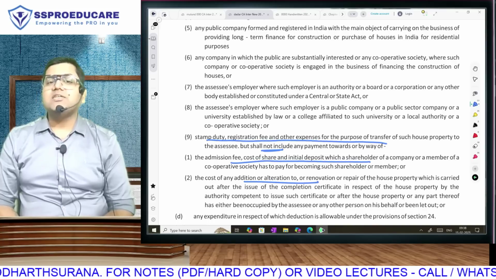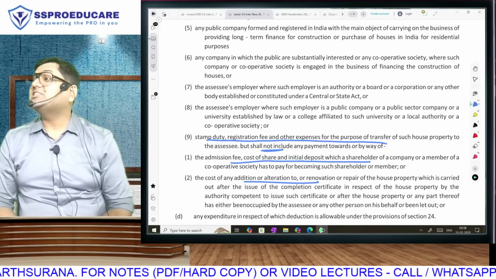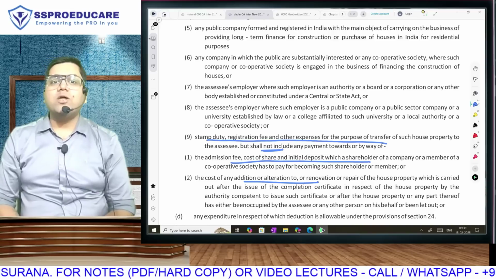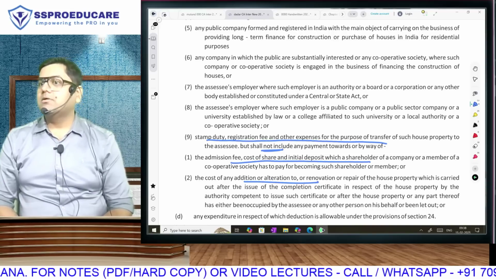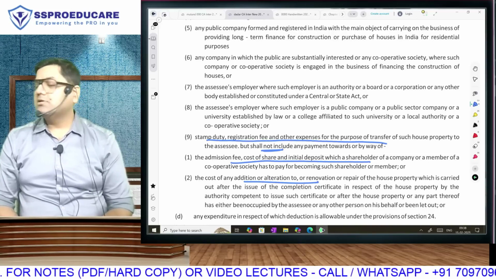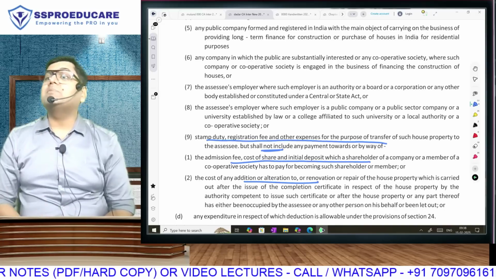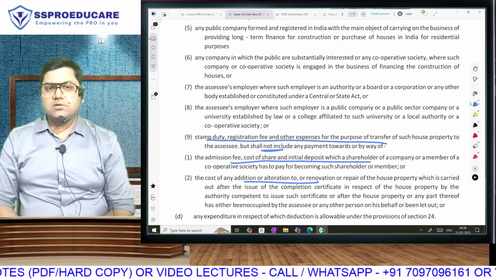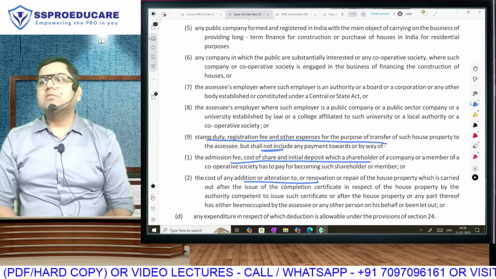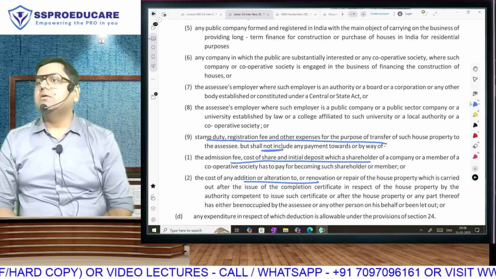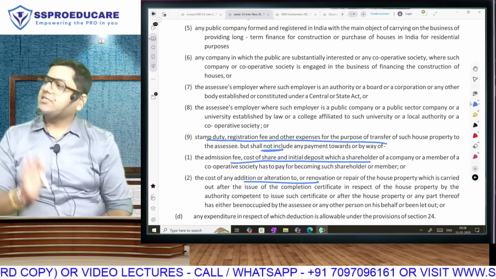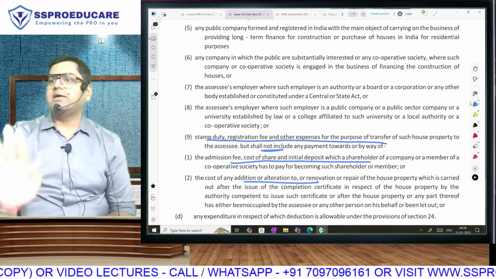The housing society charges a certain amount as transfer fees from the outgoing member and the incoming member. They call it what? Transfer fees. In Maharashtra, there is a maximum cap on this transfer fees. That cap is 25,000. That societies cannot charge more than 25,000. So all societies charge 25,000.